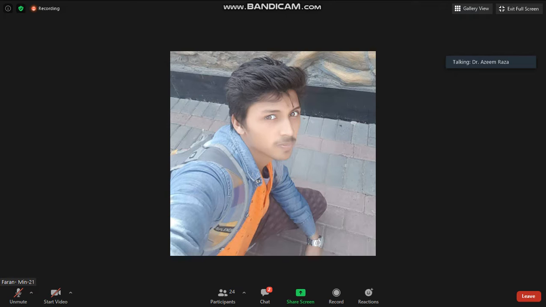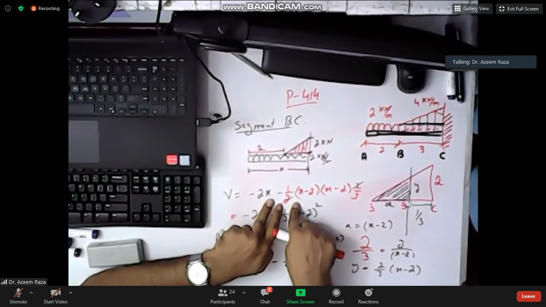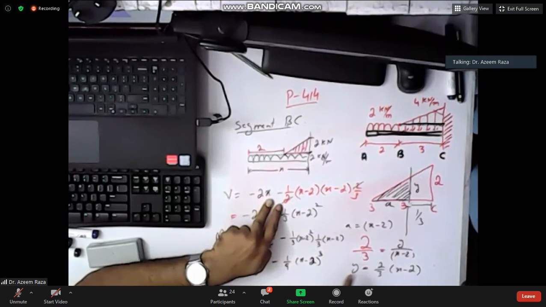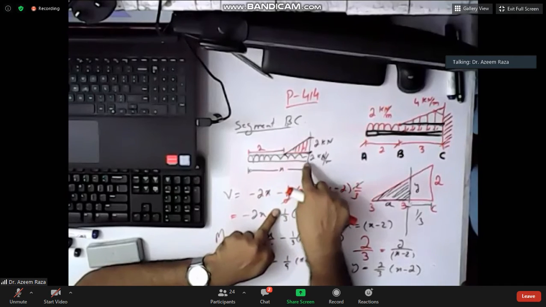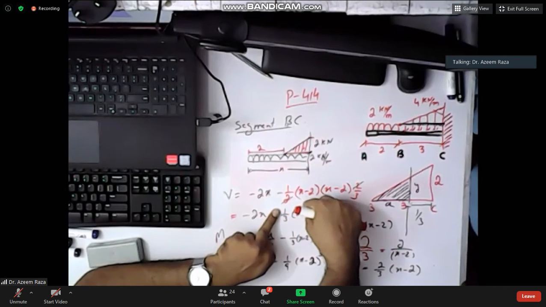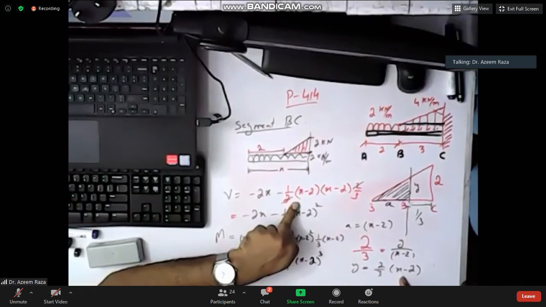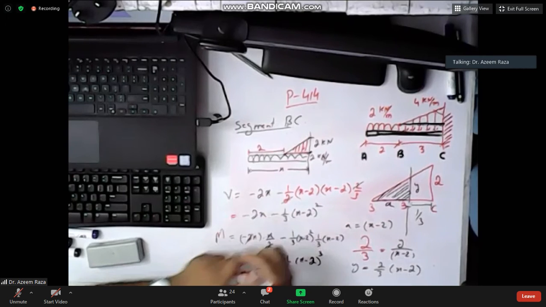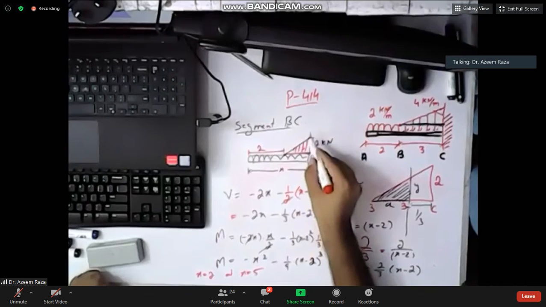So this was important. And then we came back here, and we said that we have to find out the load because of this UDL that is acting here. So we said 1/2 (x minus 2) multiplied by 2/3 (x minus 2), because the load for a triangular load is always equal to 1/2 base times height.